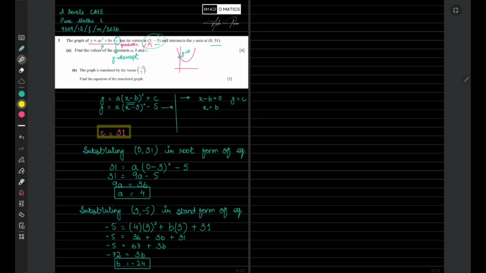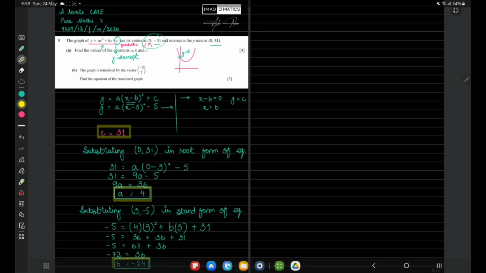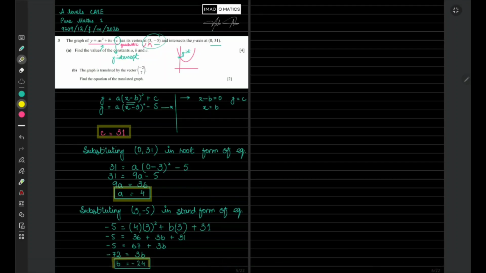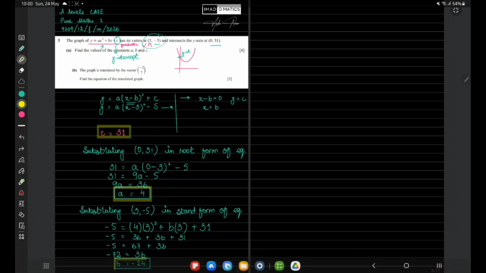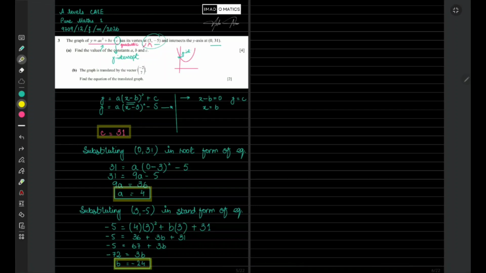I hope you understand this. Yes, there are different ways to solve this. You can also use the derivative method, because you know the vertex, which is actually the coordinates of the stationary point. We can use that as well, but to me this was the more convenient way.